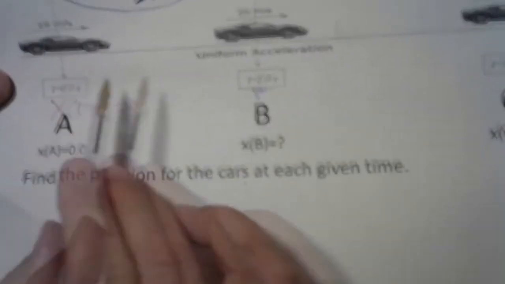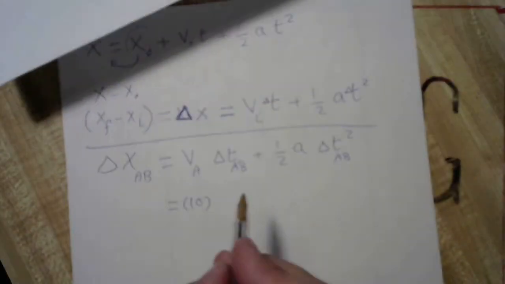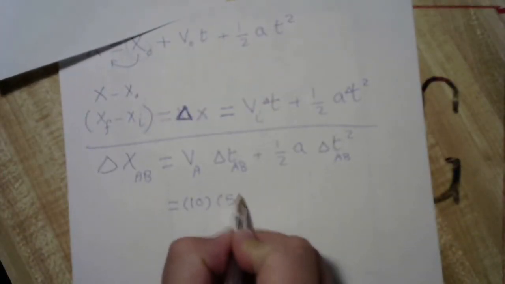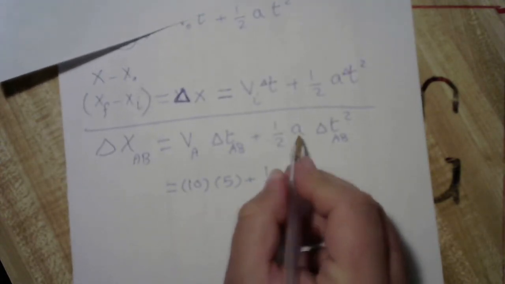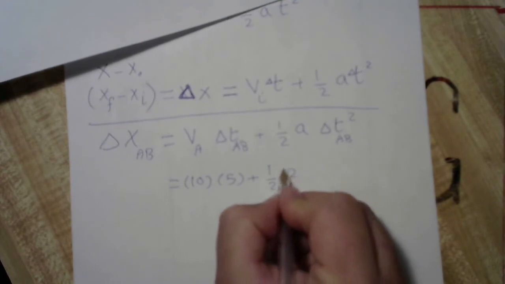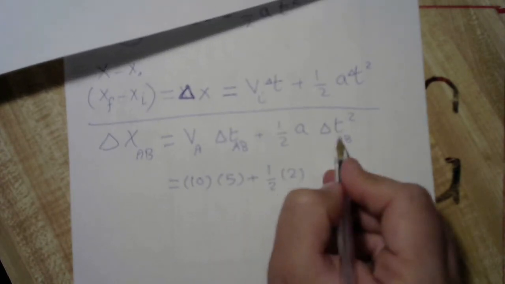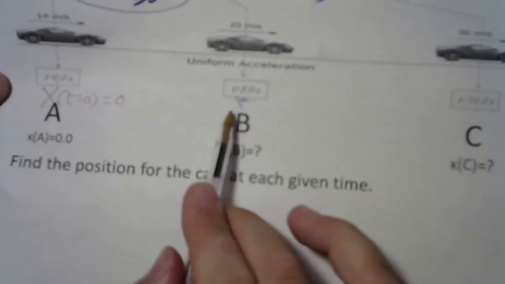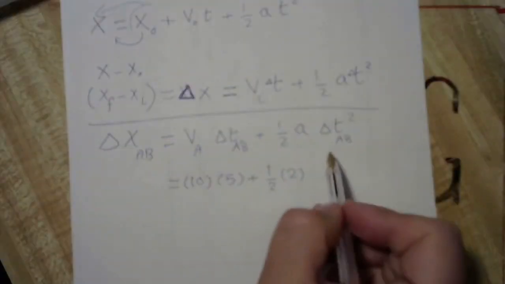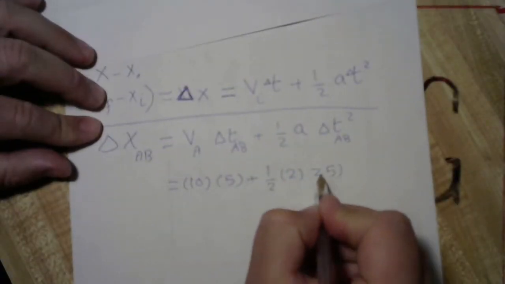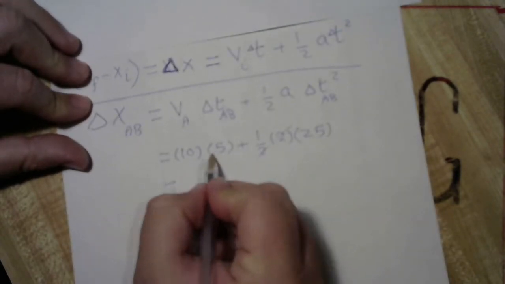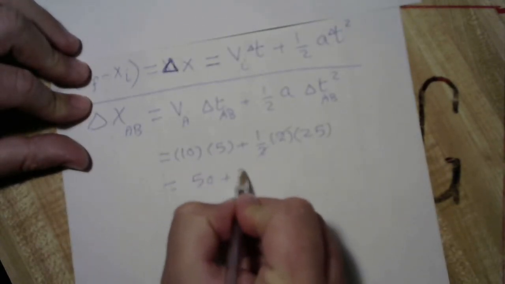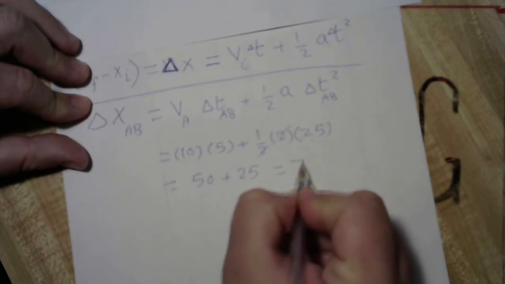Delta t from A to B is 5 seconds, from 0 to 5, plus half, acceleration is 2. The time from A to B is 5, squared is 25. Simply I can cancel 2 with 2, so 50 plus 25, which is equal to 75.